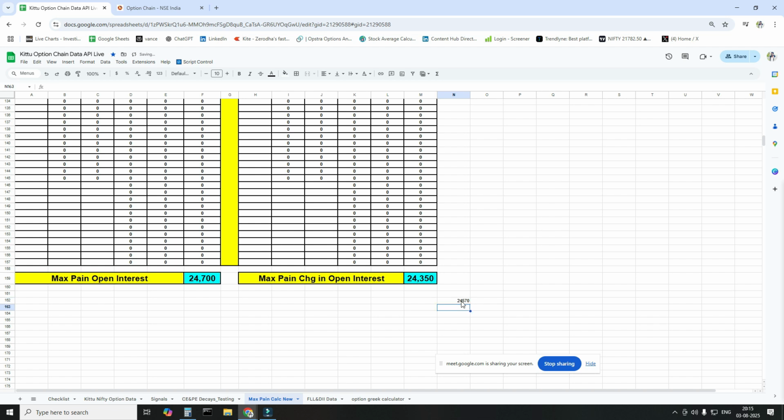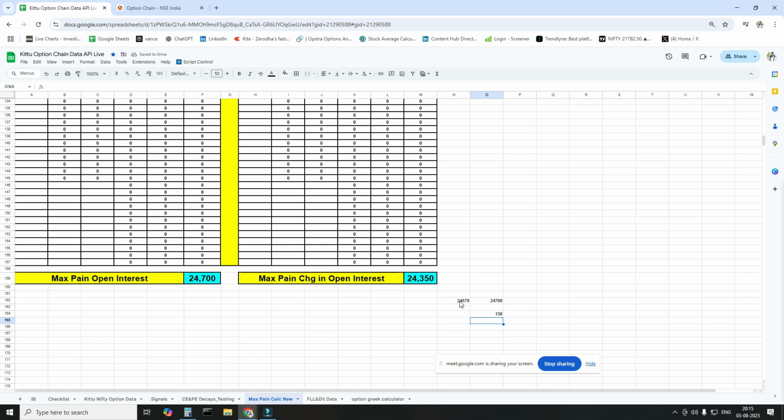But what is showing in the open interest? They are showing 24,700. So what is the difference between the present market price and this one? Around 130 points.